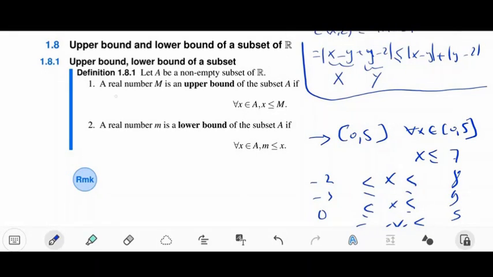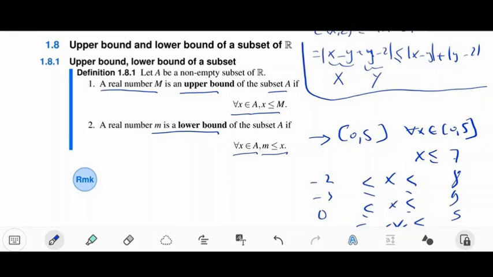We say in the definition, a real number m is called an upper bound of a subset A if for all x in A, x is less or equal than m. And also m is a lower bound if for all x in A, m is less or equal than x.